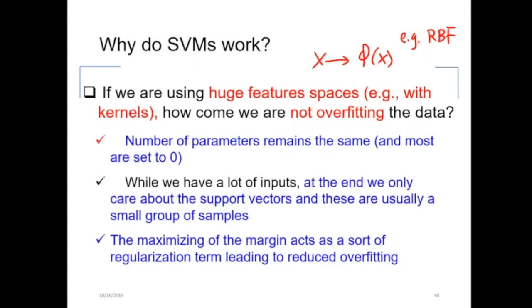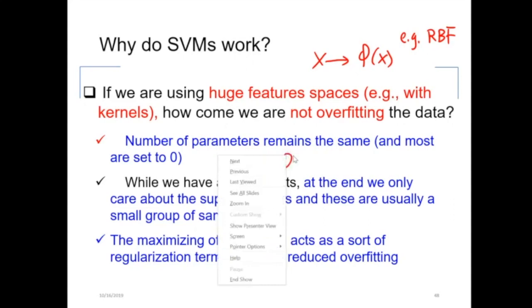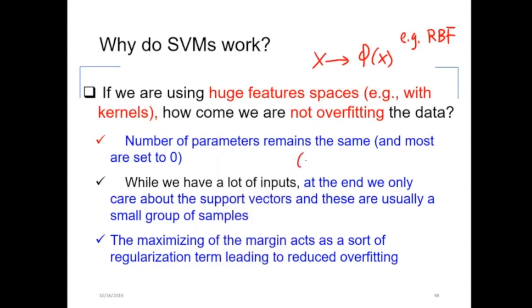So let's come back to what I just covered. How many parameters in the dual form of SVM? I tried to do the comparison. N. So it's fixed, actually N, right?